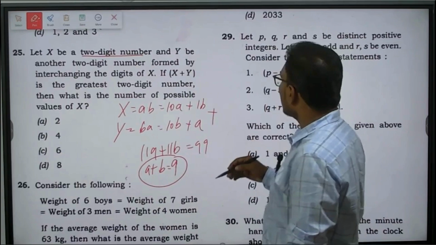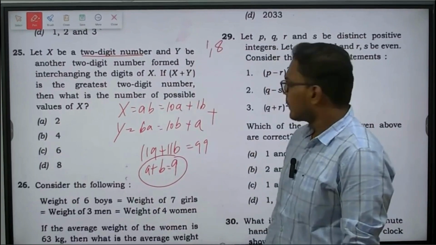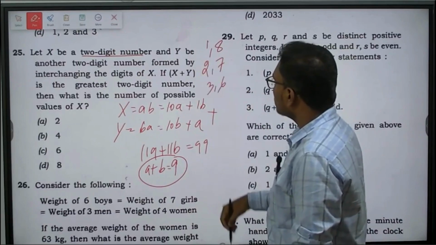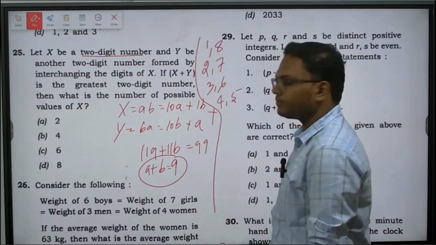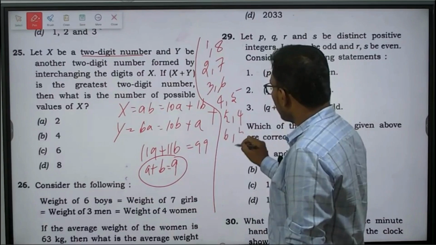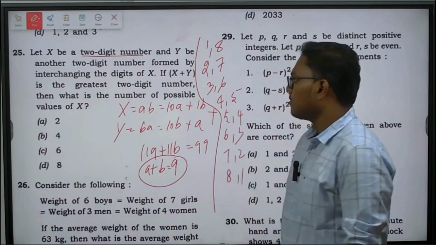Shall we write it? It can be 1 comma 8, 2 comma 7, 3 comma 6, 4 comma 5, 5 comma 4, 6 comma 3, 7 comma 2, and 8 comma 1.